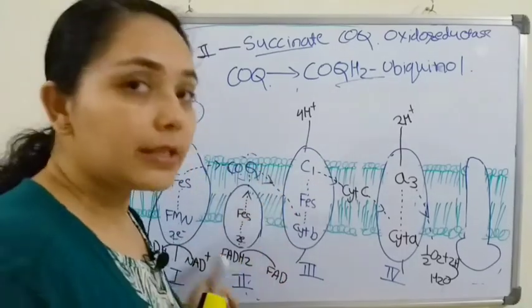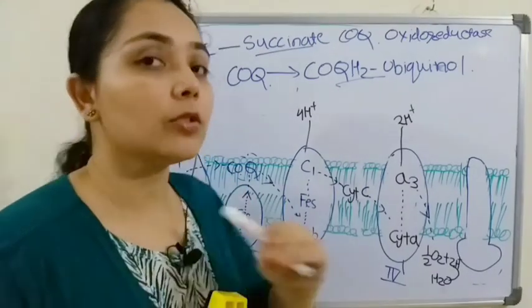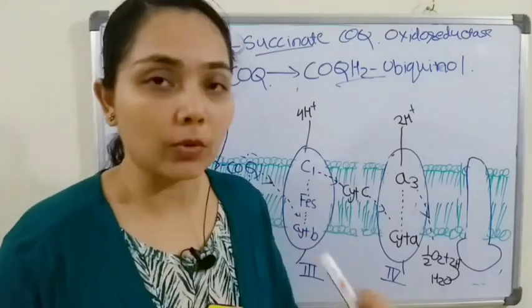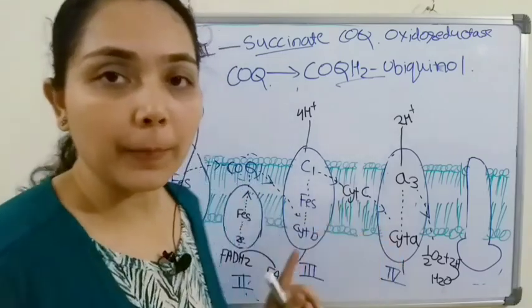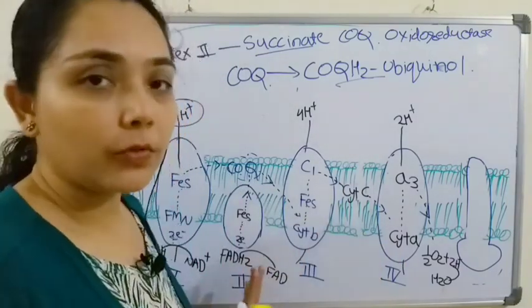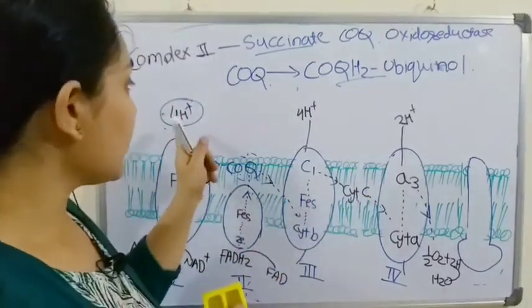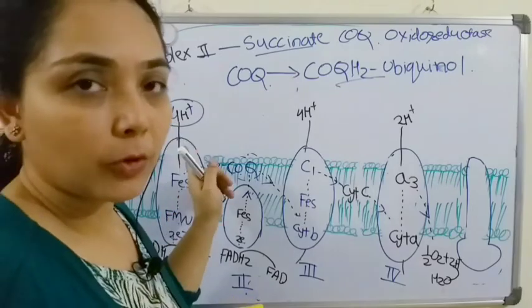But the energy released during the transfer of electrons in complex 2 is not sufficient to pump protons, therefore no proton will be pumped in complex 2. Clear? Complex 2 will not pump any proton from matrix to intermembrane space, only complex 1 will pump 4 protons.